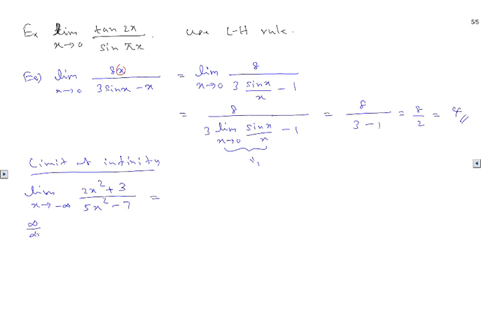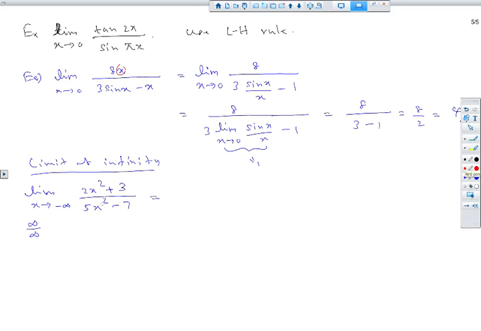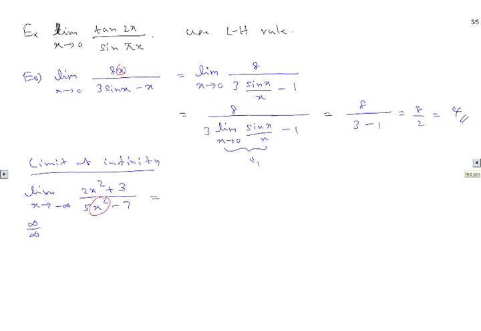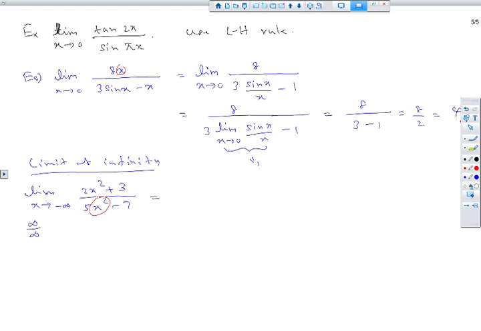One method is to use L'Hopital's rule, because it's an infinity problem. Or just divide by the largest power in the denominator. The largest power in the denominator is the x squared term, so I'm going to divide everything by x squared.